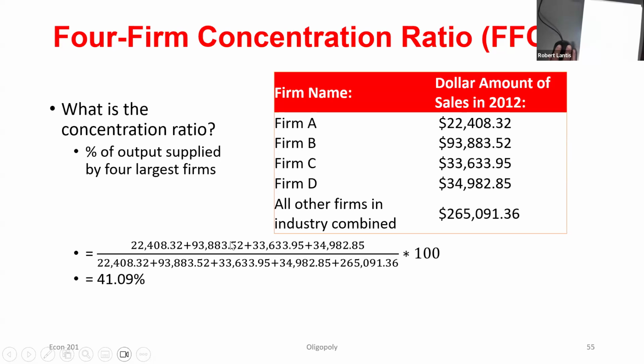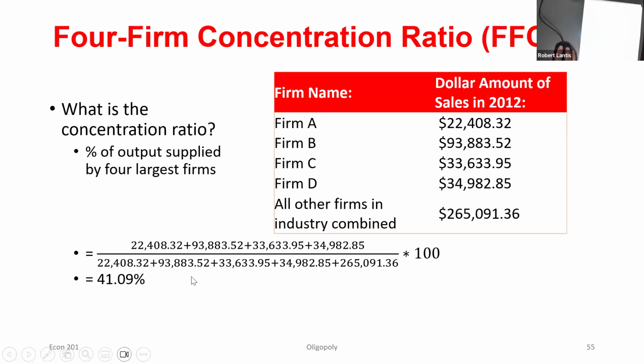So whatever proportion of total sales in this market the top 4 firms have, multiply that by 100, and that gives me my 4-firm concentration ratio. So we could see this market at 40%. It's not the most concentrated, but it's not the least either, right?